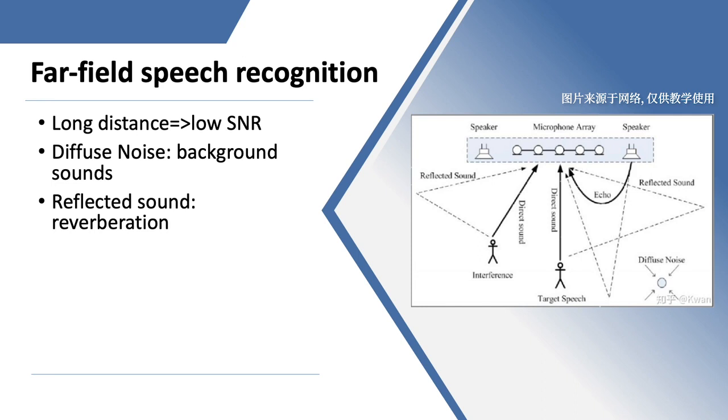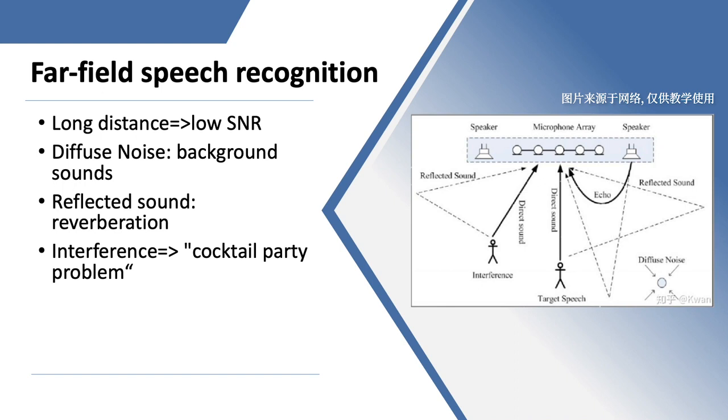In the far-field recognition scenario, there may be many people talking at the same time, causing the cocktail party problem, which is often referred to as the multi-source signal interference problem.